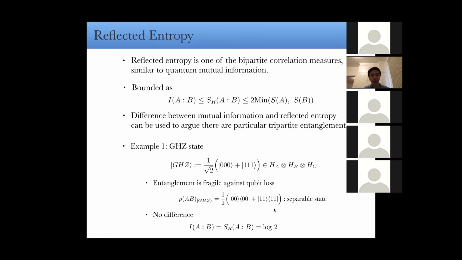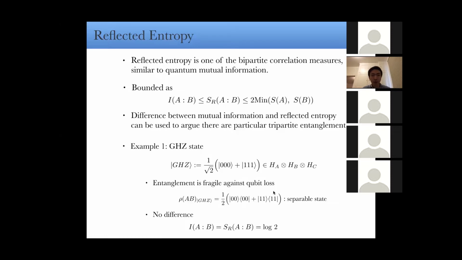This state has no entanglement. There's only classical correlation. And indeed, in this case, the mutual information and the reflected entropy are the same, and there's no difference.